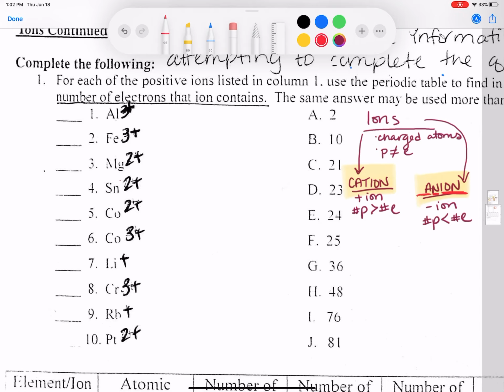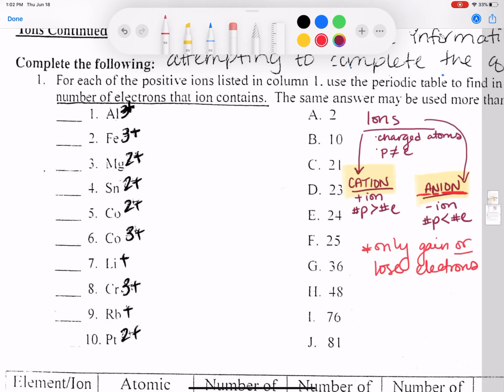We're going to focus on identifying how many electrons the ion has, because ions can only gain or lose electrons. You can't gain or lose protons, because then you are a different atom. But you can gain or lose electrons and become an ion, with a difference in the charges, not the same balanced ratio.